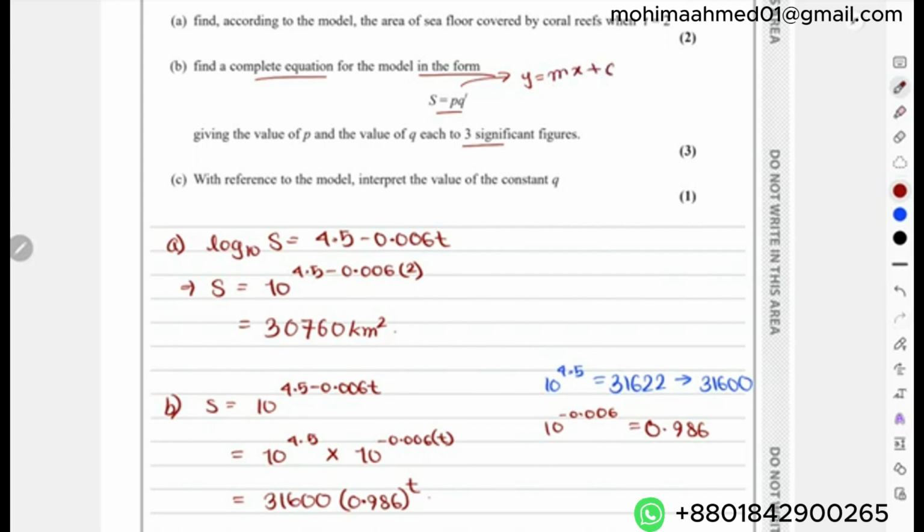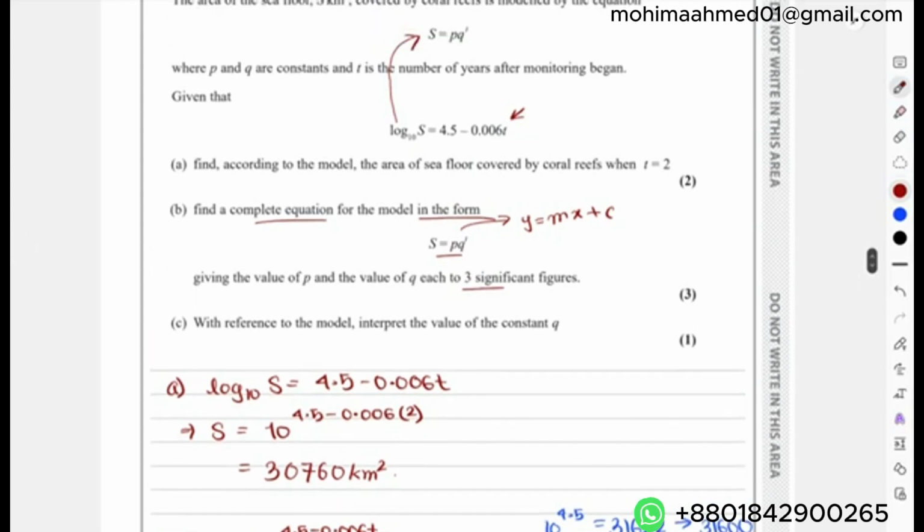Where p is actually a constant and y is your area of that sea floor, right? Where q is actually indicating how much of the area of your sea floor will be covered by coral reefs from time to time, from year to year, right? So q represents the area of your sea floor covered by coral reefs from year to year.